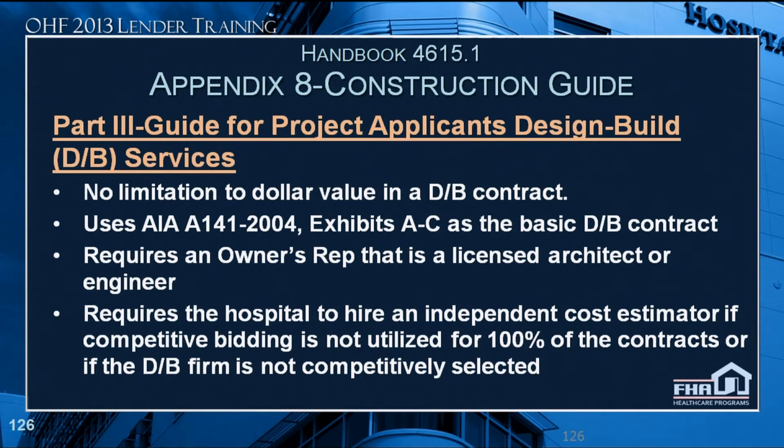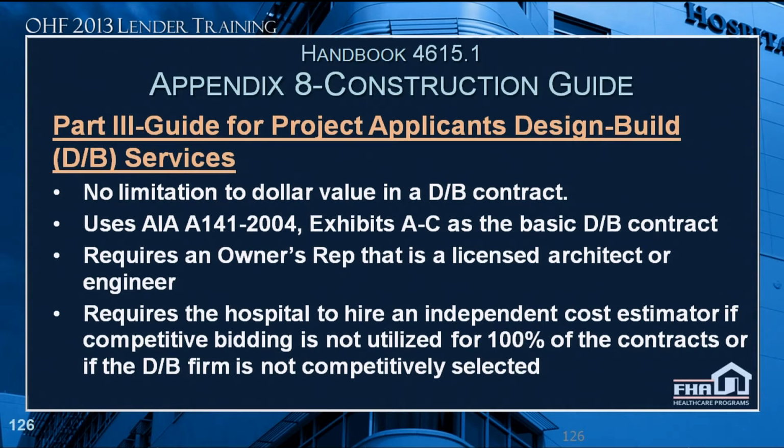The one we had before is out of date. We can't Xerox AIA contracts because that's illegal. So now we have to go to what's current, and what's current is the AIA 141, 2004 edition with its exhibits. It requires an owner's representative that's a licensed architect or engineer.